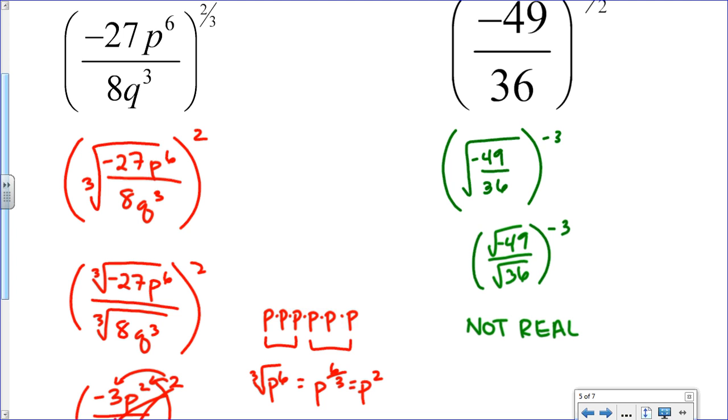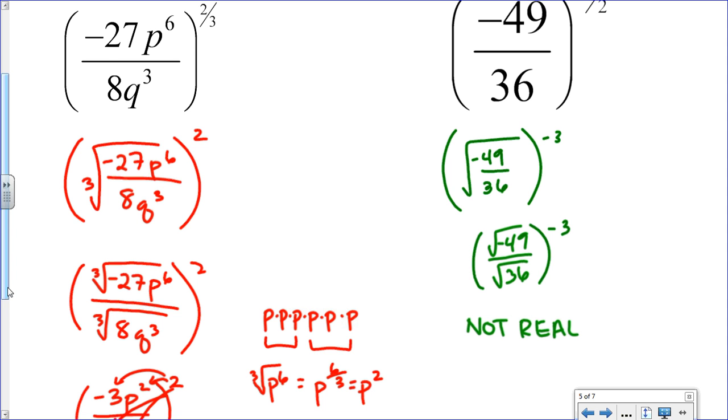You could write imaginary. It's not really no solution, because there is a solution, it's just not real. I'm not as picky about this vocab as I would be with the word undefined. For an undefined answer, that's the only word that works. For here, imaginary, not real, unreal, something like that.